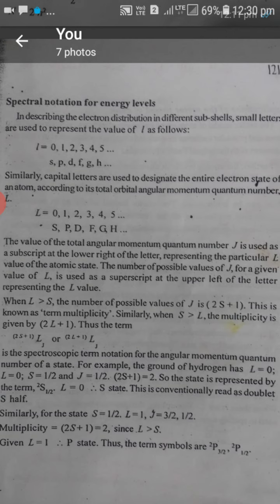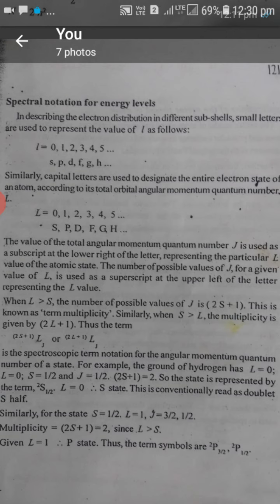Therefore we can write the term as L with J at the subscript and 2S plus 1 at the superscript, or L with J at the subscript and 2L plus 1 on the superscript. This is the spectroscopic notation.